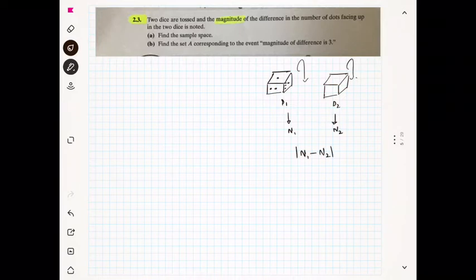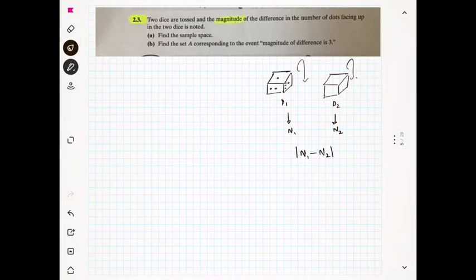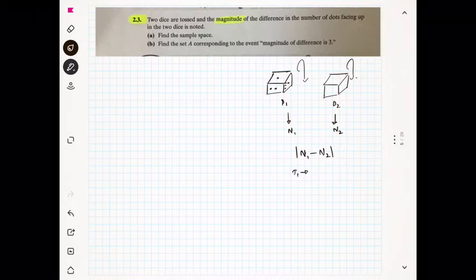For example, suppose in trial 1 you get 3 and in trial 2 you get 5, then you take the magnitude of 3 minus 5, that is nothing but 2.